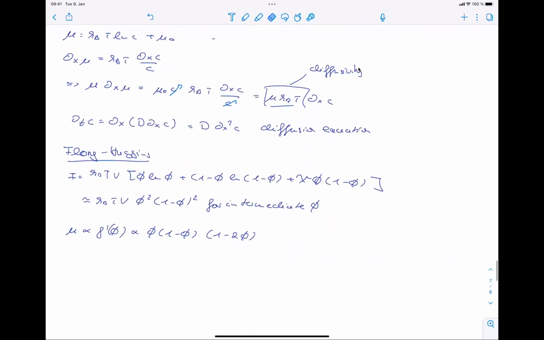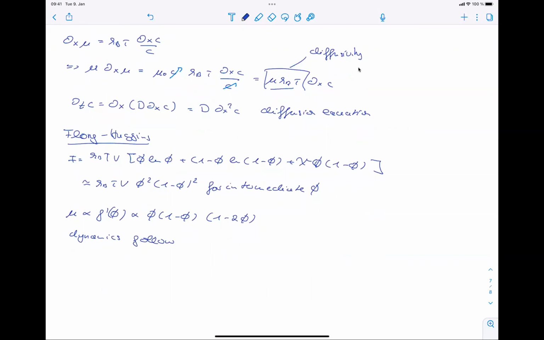And then from this chemical potential, the dynamics follow. Namely, that then dt of C is dx of mu dx mu, assuming mu to be a constant. That is then mu dx squared of mu.